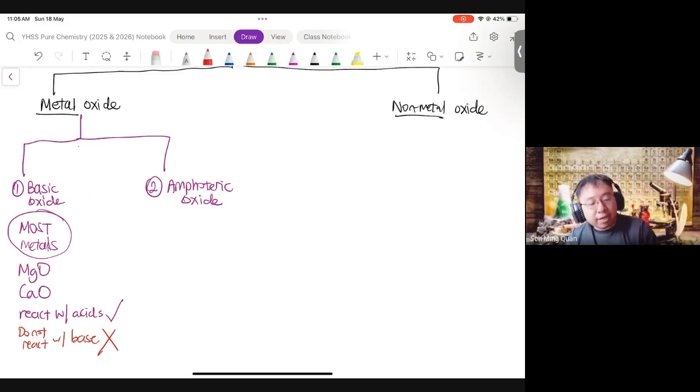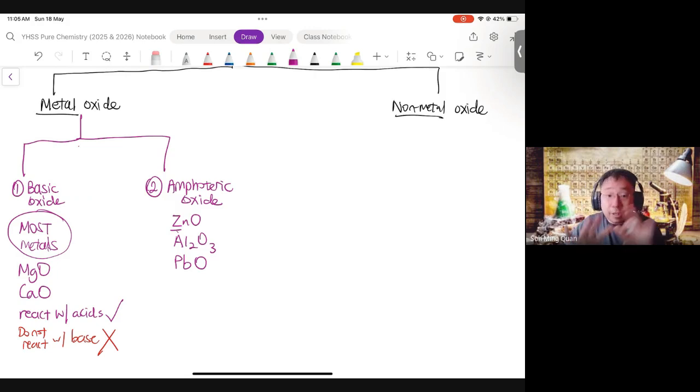Now, amphoteric is a specific group that you must remember, the ZAP: zinc oxide, aluminium oxide, lead(II) oxide. So ZAP, zinc, aluminium, lead. Are these the only ones though? The answer is no, there are others as well, just that these are the most common three that you must memorize. So what about the others? You can't memorize everything on earth, but we can do experiments to find out, right?